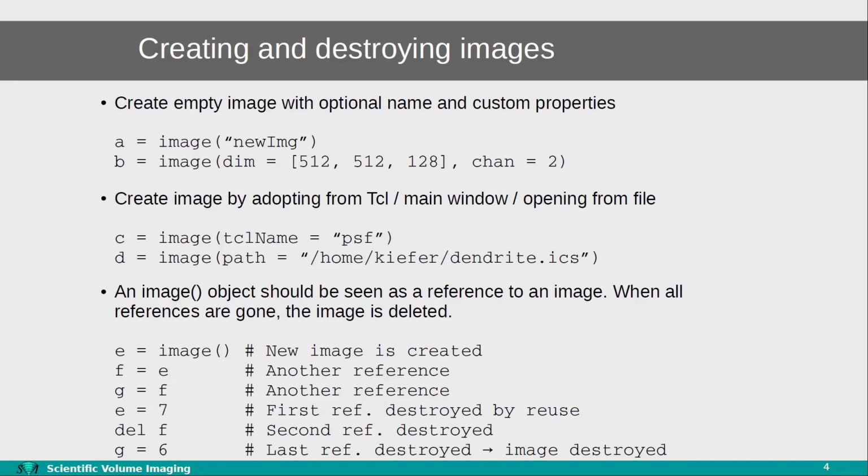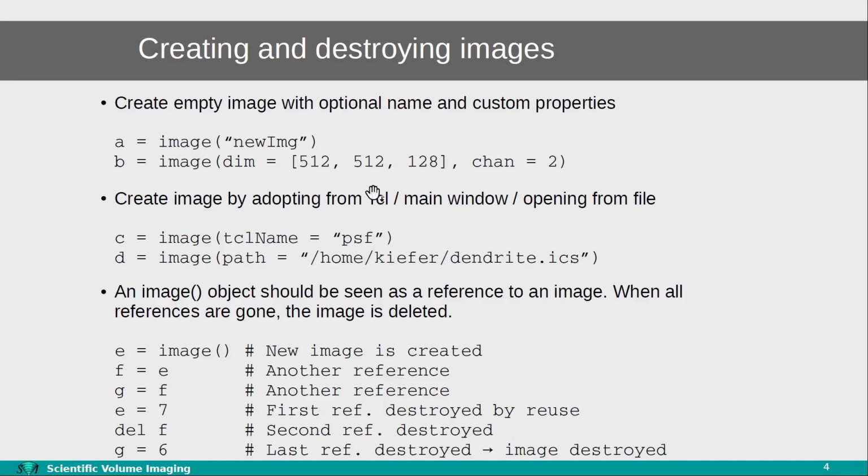Another way is to adopt an image from Tcl or the main window. Now this can be useful because not all images may have been created from the Python shell. An image may have been generated in a Huygens tool or been opened using the Huygens main window, or created in the Tcl interpreter, for example.